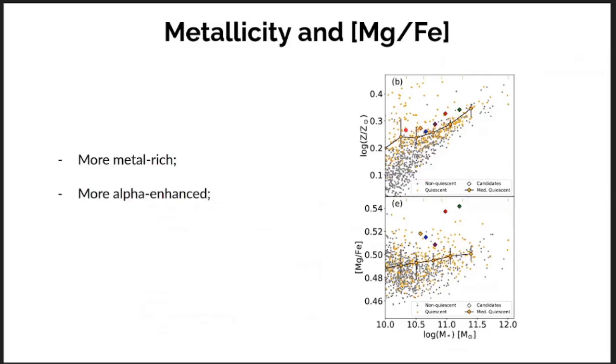So all the candidates are more metal-rich, which is expected for the enrichment of relic galaxies. We can also see that this proxy of alpha enhancement shows that these 5 candidates are also very alpha enhanced compared with the typical quiescent galaxies of the same mass in the simulation. This gives an idea of how fast the star formation was in these galaxies.